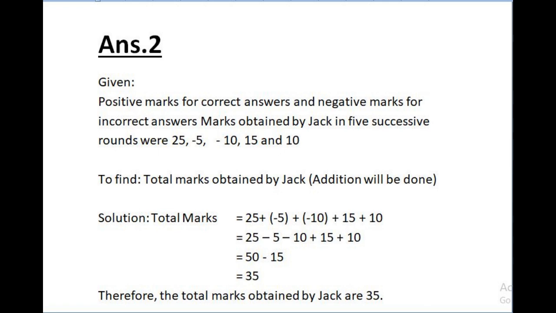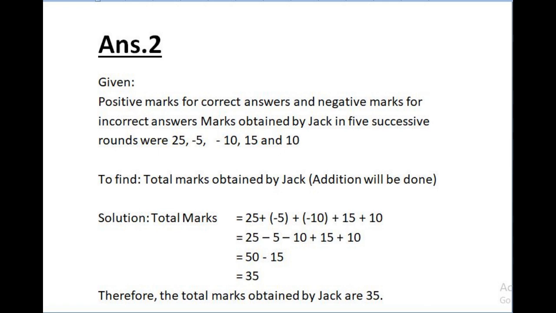So here you can see 25, 15 and 10 have positive signs, so we will add them to get 50. Then we will add minus 5 and minus 10 to get minus 15. Then 50 minus 15 is 35. So total marks obtained by Jack is 35. So this is your answer for question number 2.